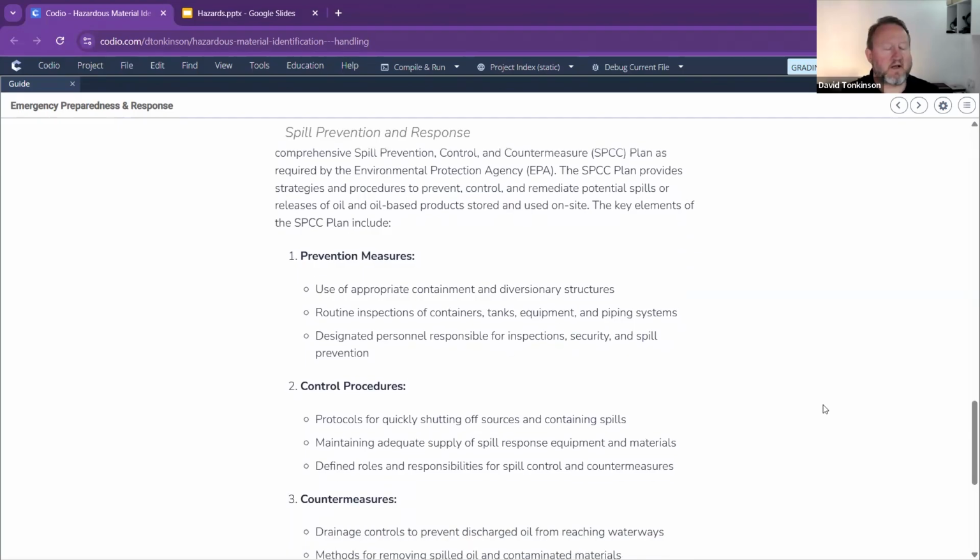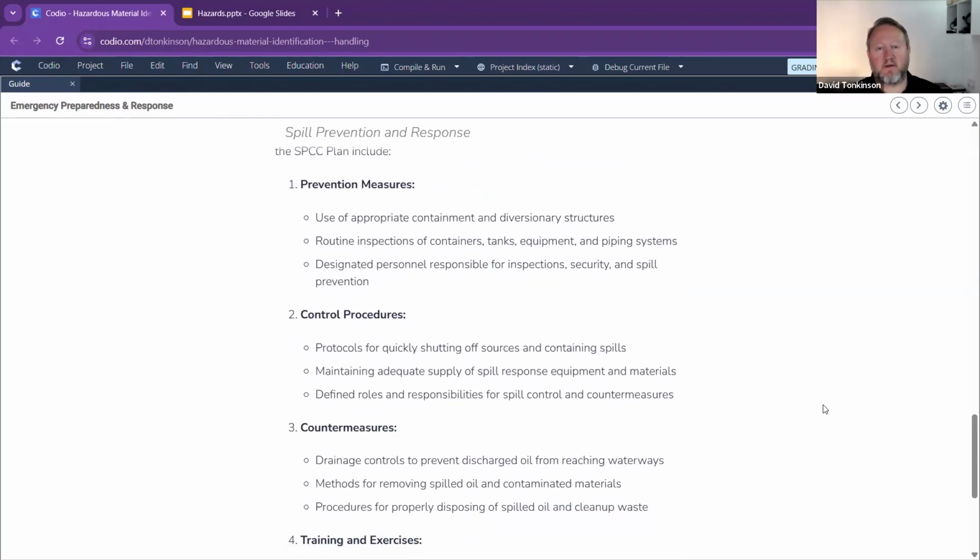These are items in here that we've gone through before, aren't they? So prevention methods we've had: use the appropriate containment, routine inspections, designate a person responsible for inspections and security. Control procedures deals with our protocol. We have a protocol to quickly shut off the source of a spill.